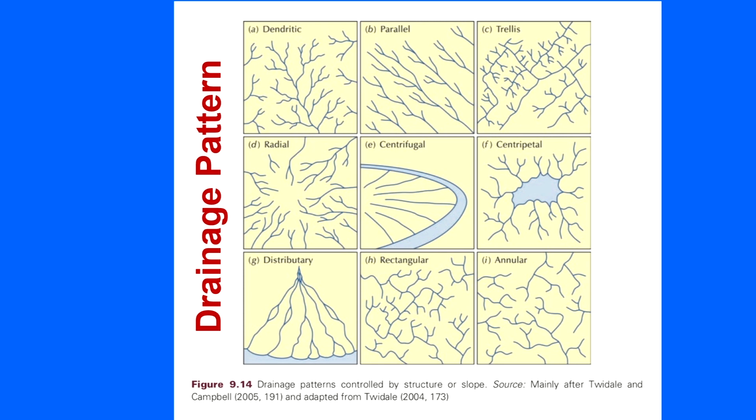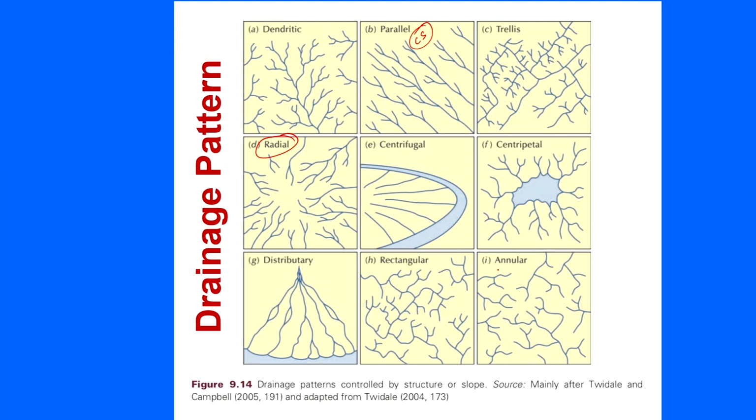Okay. This is what we were talking about when discussing consequent streams, which we can also term parallel streams, and recently we have seen that this is a radial drainage, and so you will have dendritic, parallel, trellis, radial, centrifugal, and so on.